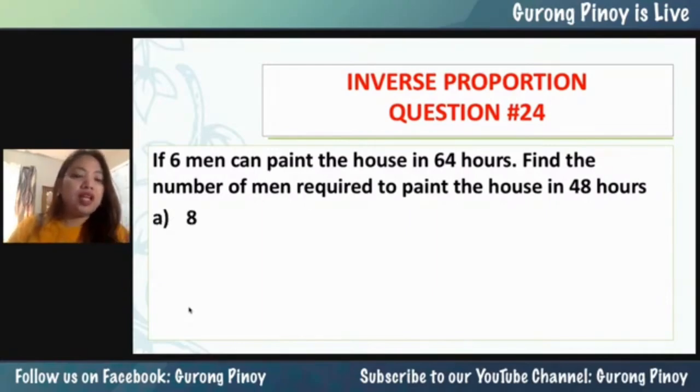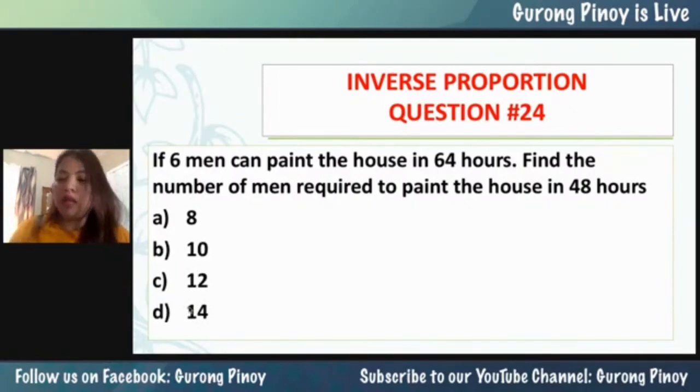Letter A, 8, letter B, 10, letter C, 12, letter D, 14. This is a common problem in entrance exams, in the LET, in Gen Ed, and even in high school. The house that was painted is painted again, or the wall that was painted is painted again.